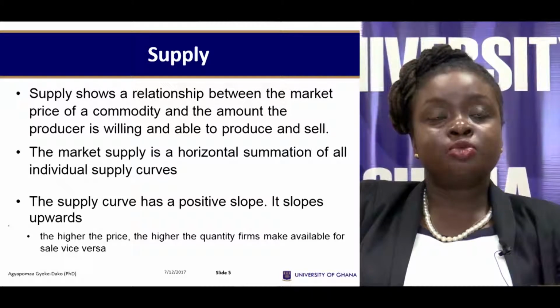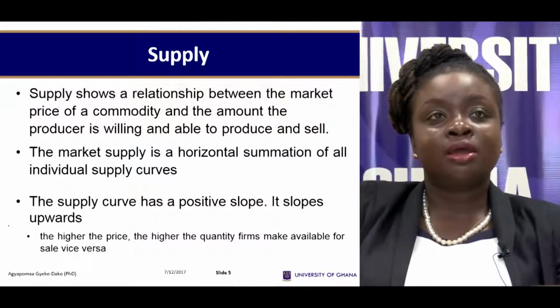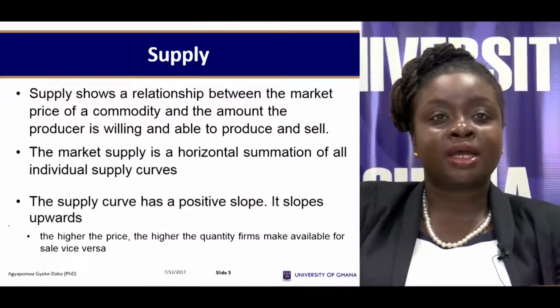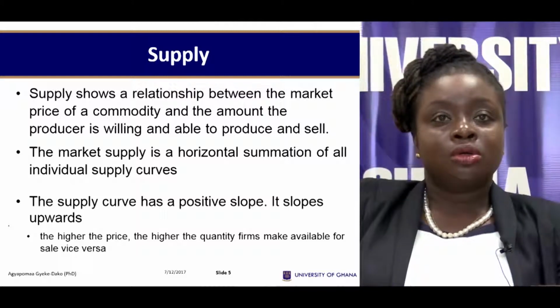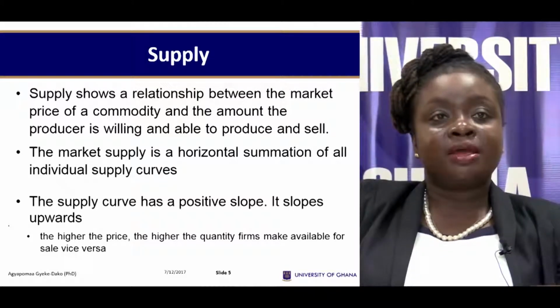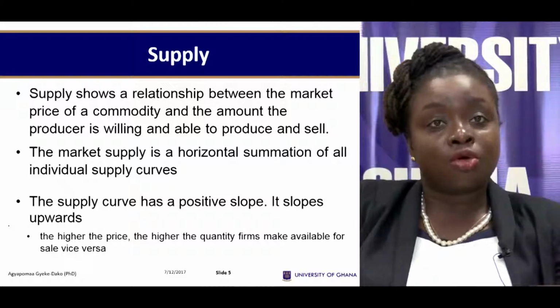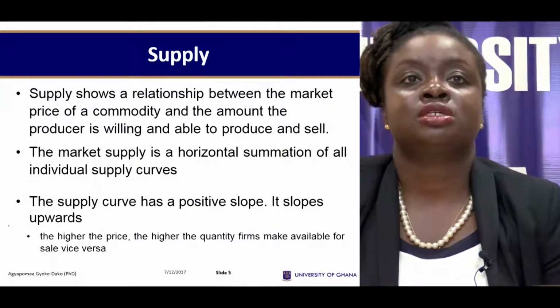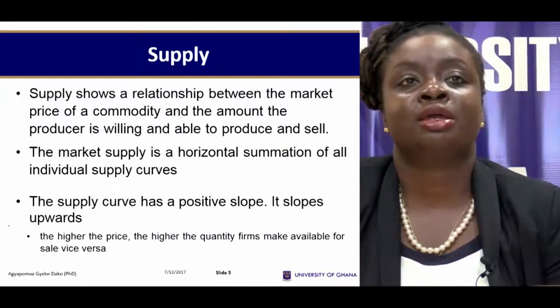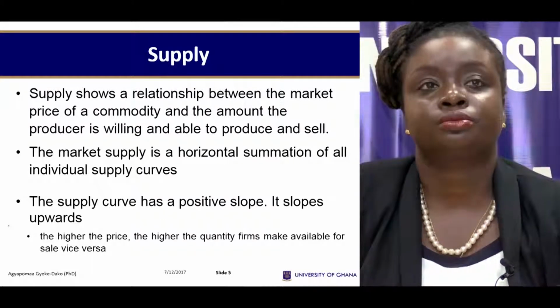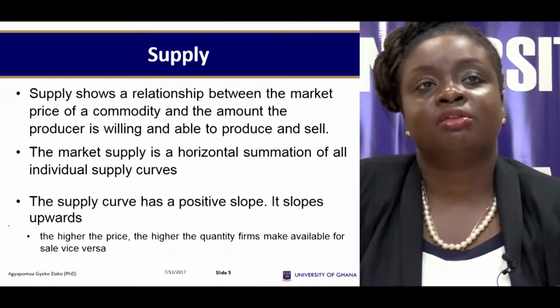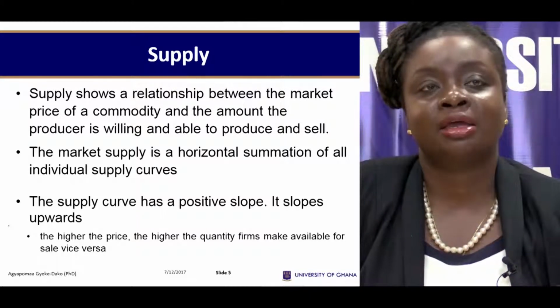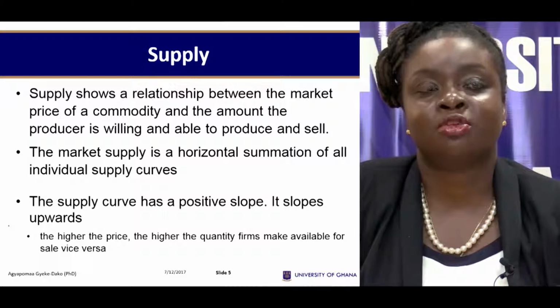Now, when we spoke about the definition for supply, we established the relationship between the price of the product and how much producers are willing and able to put on the market for sale. Which means that the own price of a product is an important factor that influences how much producers are willing and able to put on the market for sale. Now, generally, if the price of a product was high, producers would put more on the market for sale.